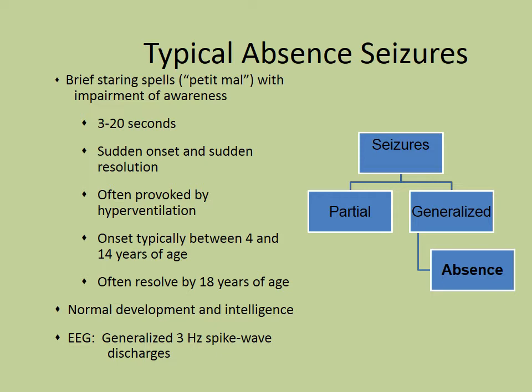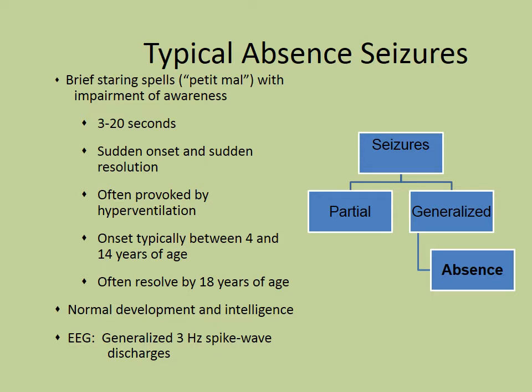There's no warning, so there's no kind of taste or aura before the seizure. And immediately afterward, the person is alert and attentive. So you can imagine, if this lasts for 3 seconds, how easy it would be to continue to miss. The lack of a postictal period is the key feature that allows you to distinguish between absence and complex partial seizures.